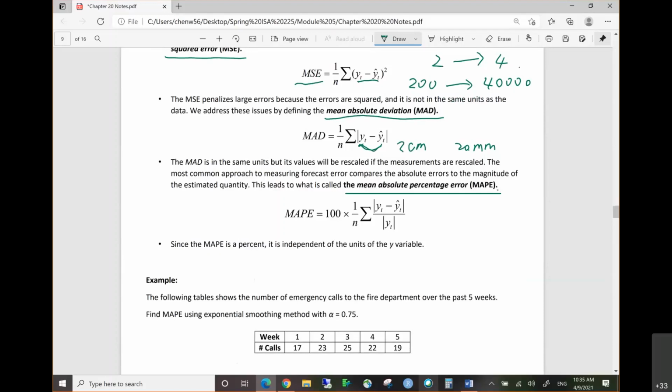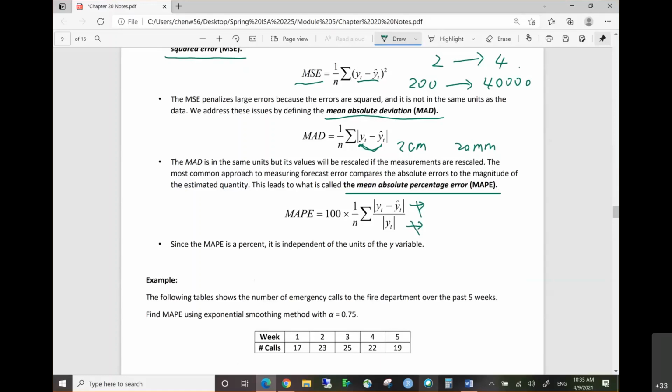Then I have a proportion or percentage. The unit in the top will be canceled with the unit in the bottom, and then they have no relationship with the unit. The units will be canceled out.